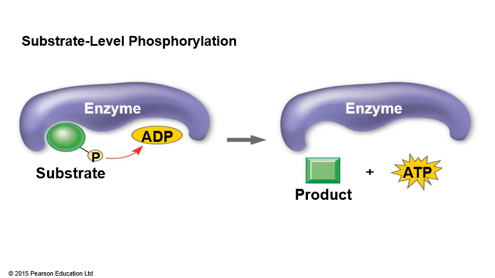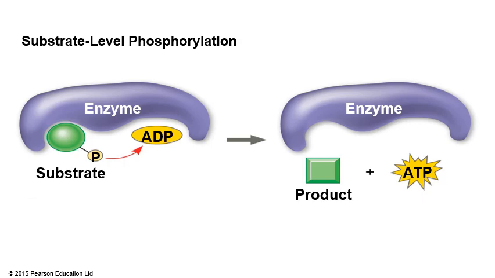However, most of the ATP is produced through oxidative phosphorylation by the electron transport chain, in the form of mass production.